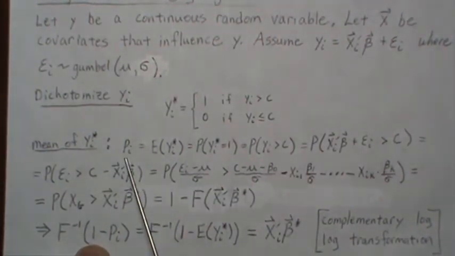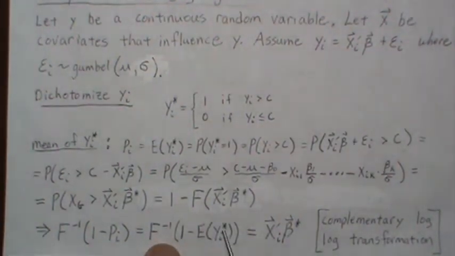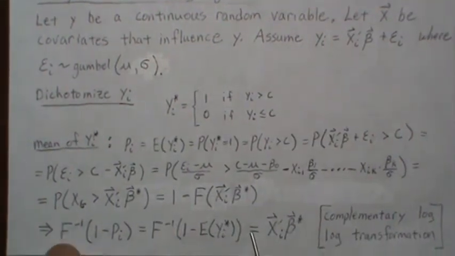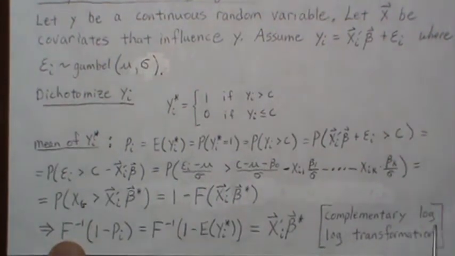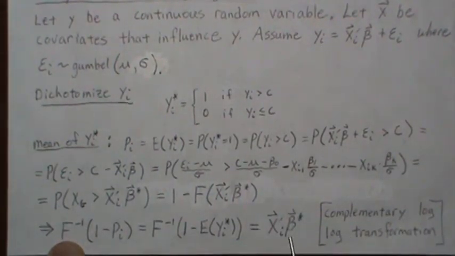So F was over here, we take the inverse, and it leaves this. But on this side we had 1 minus P, and that's the inverse. And anyway, this transformation is called complementary log-log regression, or cloglog transformation.